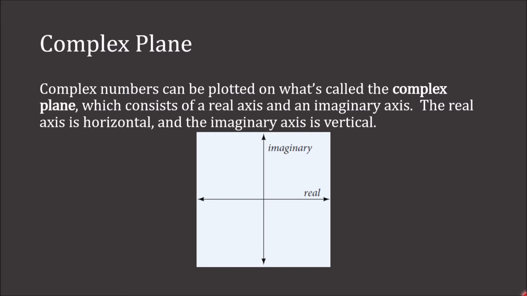So what we do when we plot a point is we look at the real part. Let's say it's here. Then we go to the imaginary part. Let's just say maybe it's up here. Right? So this will be our complex number, and we represent it as a directed line segment from the origin to the point.